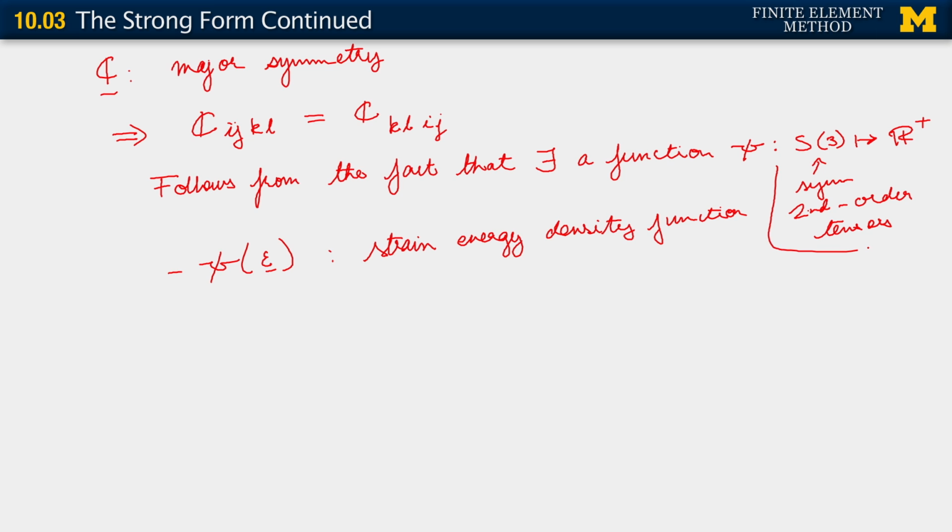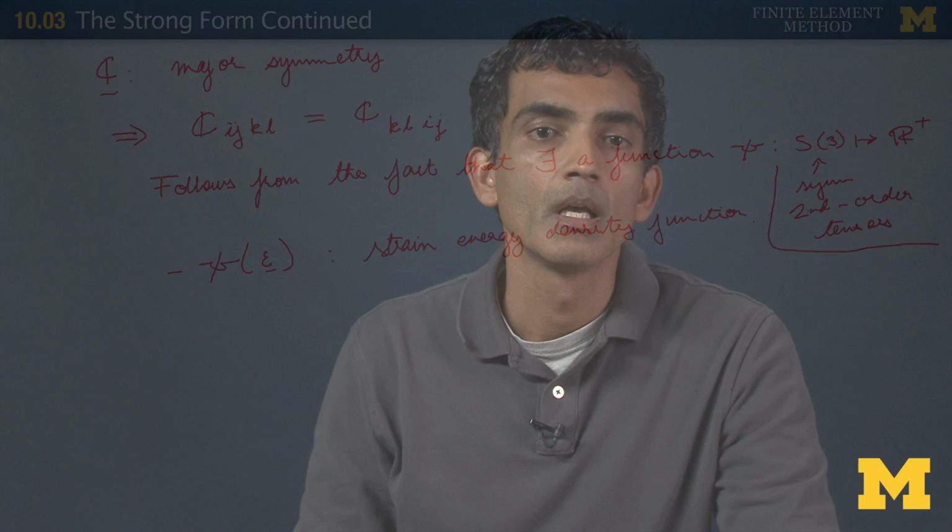We saw an explicit form of the strain energy density function when we developed our variational methods for linear elasticity in 1D. We considered a quadratic form there. We'll get into the particular form for psi in a little bit, but for now all we need to know is that this exists.